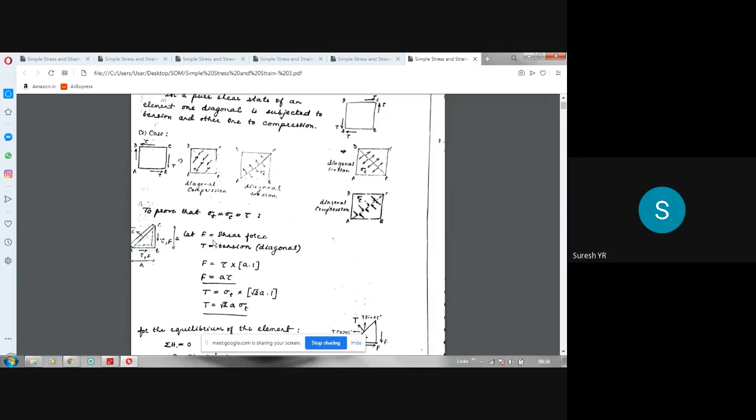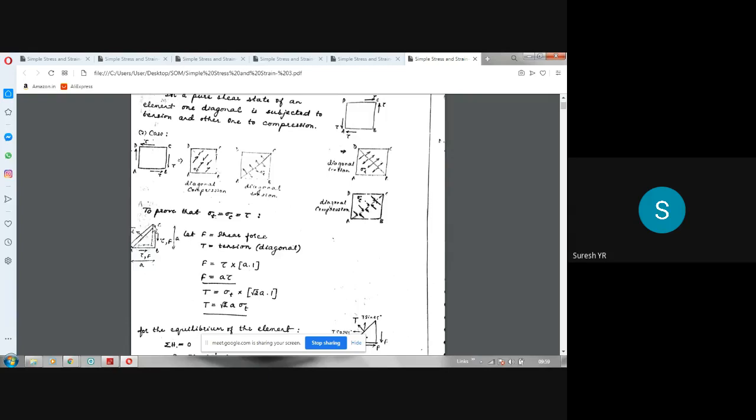Now let us take F as the shear force. I have taken the shear force like this. See, the shear force is acting downwards. Then one more shear force is acting like this. So the shear force is F, the tension force is T. Now how to get the shear force? We know that shear force is equal to shear stress multiplied by the corresponding area over which that shear stress is acting.